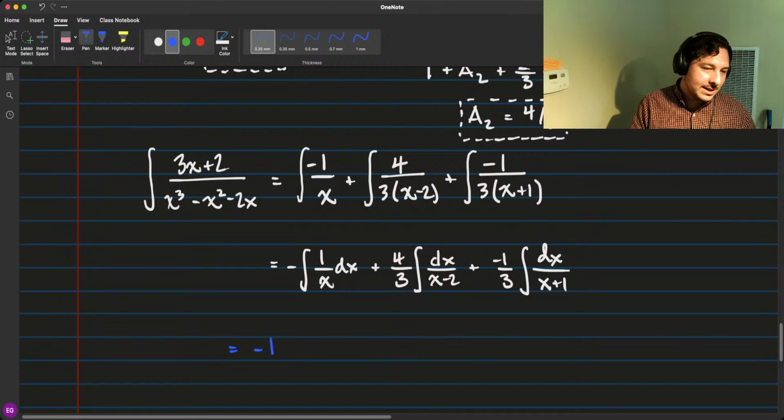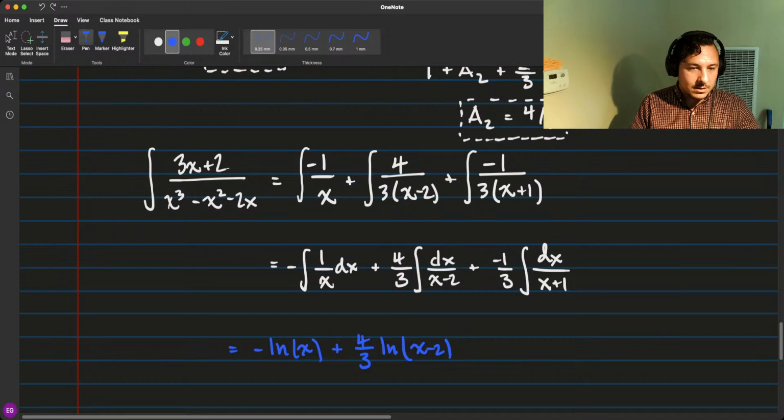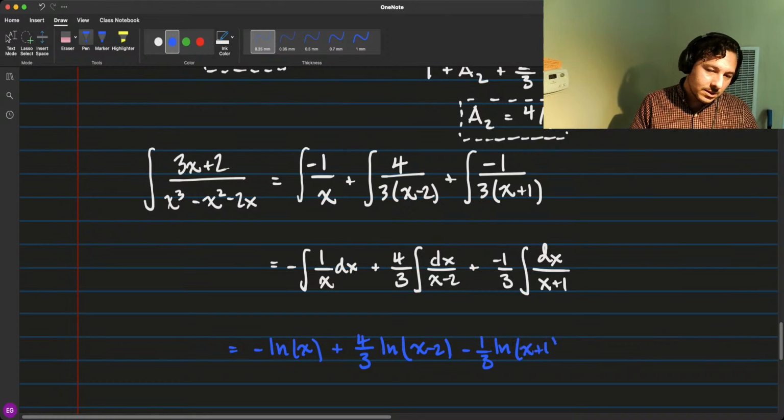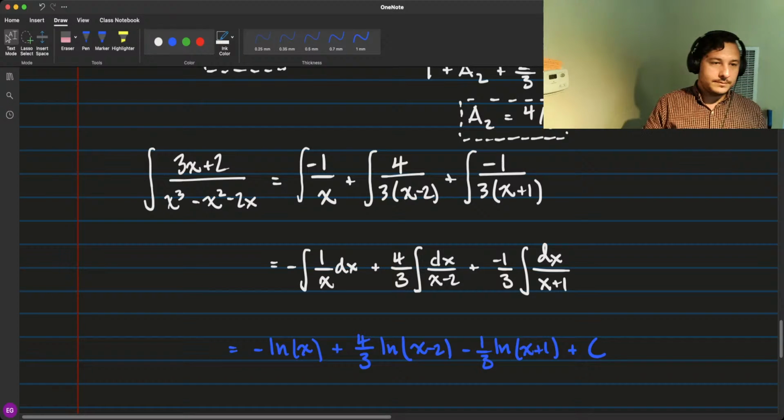And in fact, what you end up getting, it's really easy to look at this. You'll get minus the natural log of x, because you have a 1 over x dx, plus 4/3 the natural log of x minus 2, minus 1/3 natural log of x plus 1 plus c. Boom.